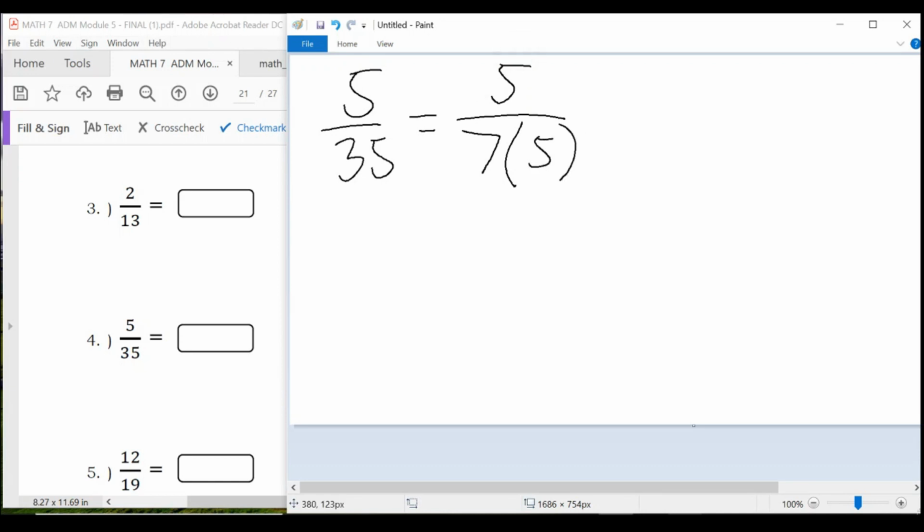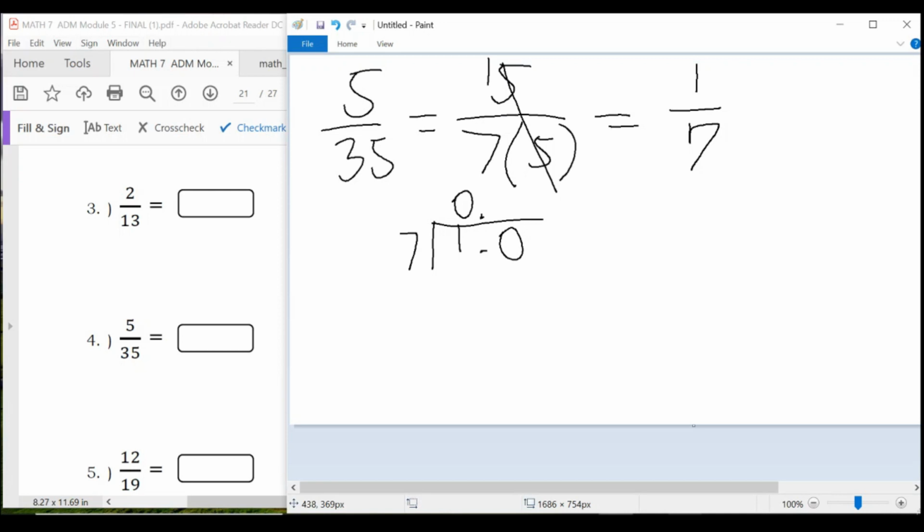So we can have 5 over 5, that is 1. Therefore 1 over 7. So pwede na tayo diretso kay 1 divided by 7. So 0, then add this decimal place in here in line with your 1, then we have 0.